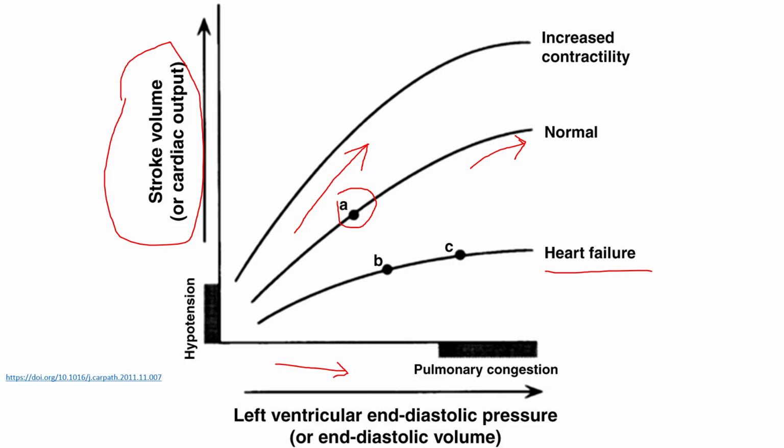On this curve, for any given point on the preload x-axis, the stroke volume or cardiac output is lower compared to the normal heart. Initially at point B, an increase in preload leads to a compensatory increase in cardiac output, although this increase is less than what we normally see in a normal heart.